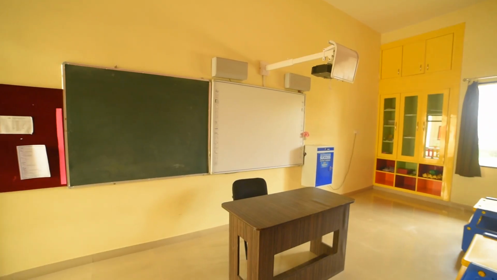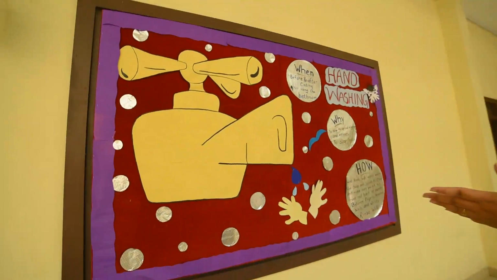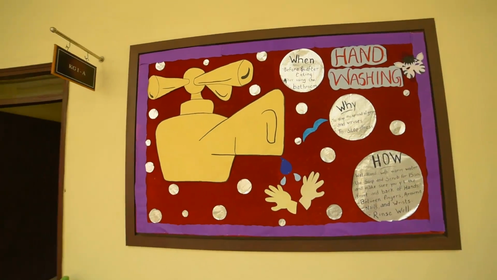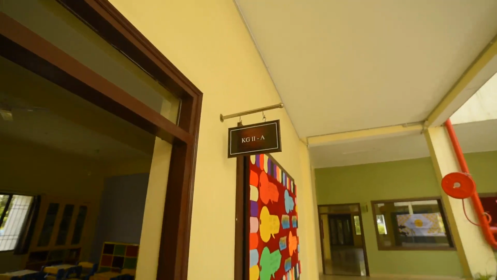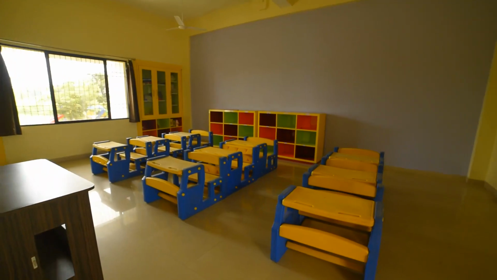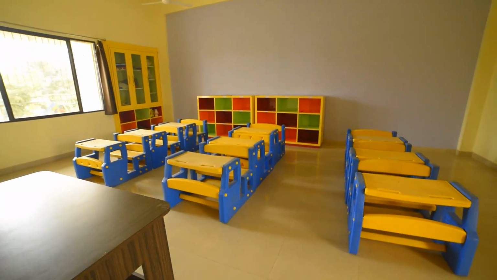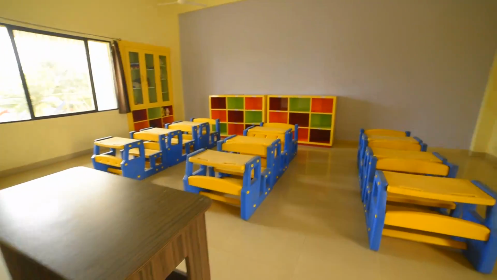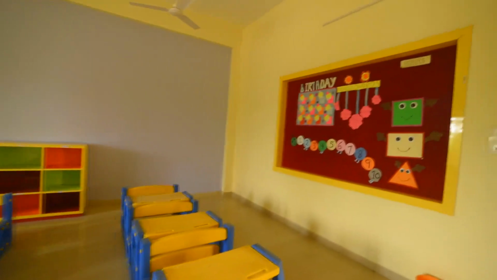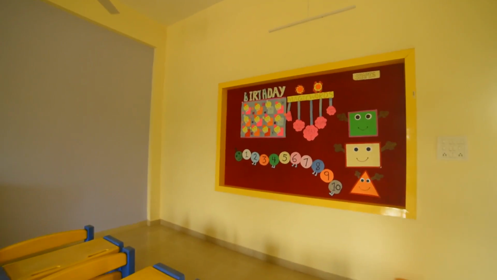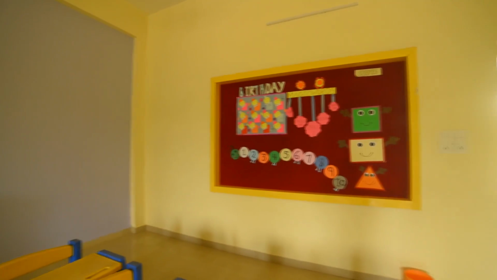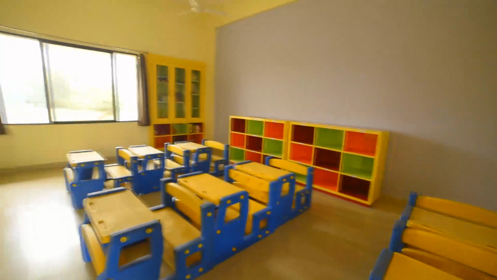And now we are moving towards the next class of pre-primary, that is KG2A. And now we have again the furniture based as per their ages, lockers for the students, display boards.